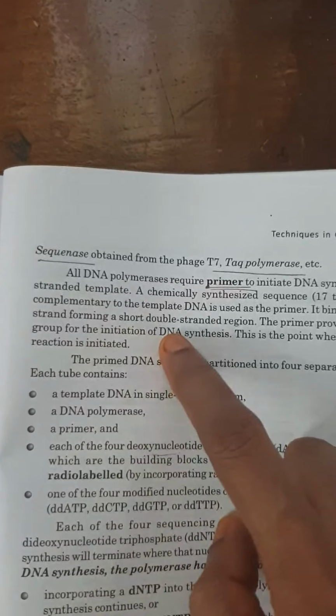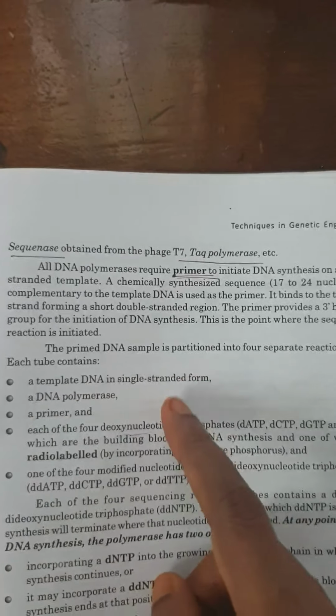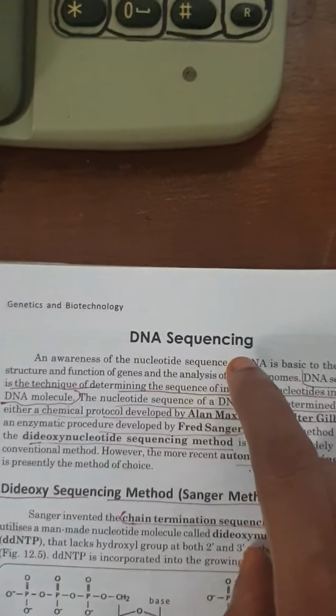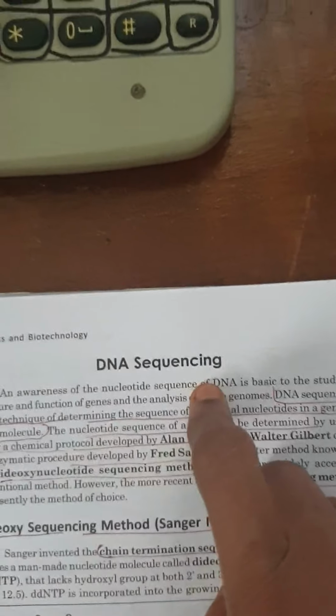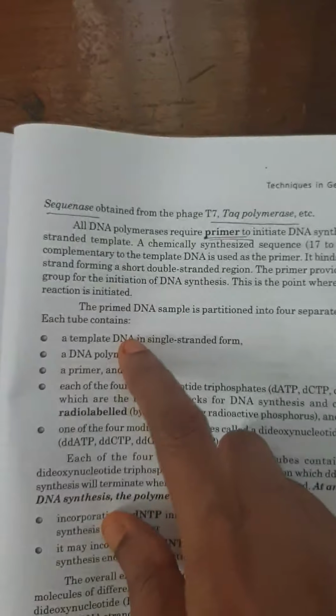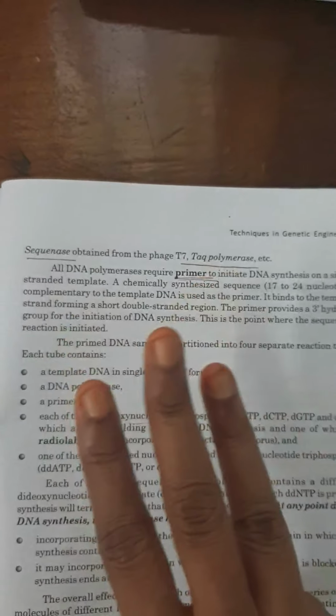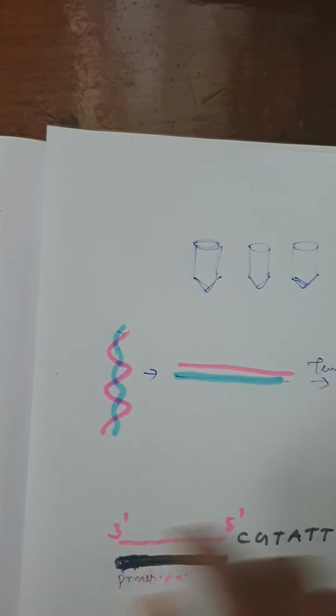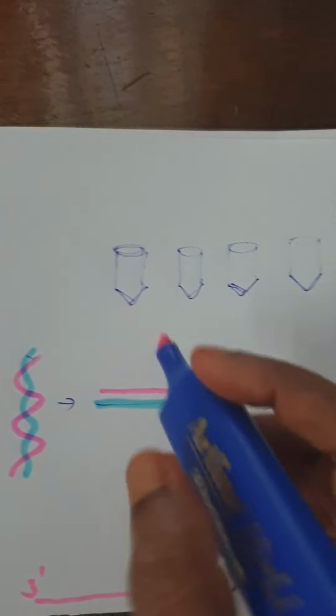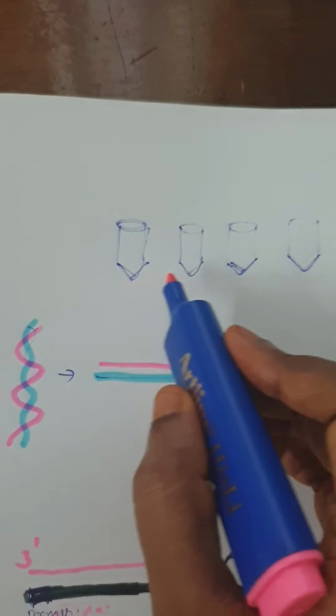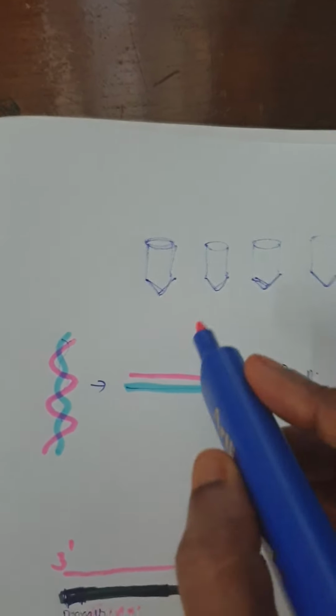In conventional DNA sequencing, that is the Sanger method, we need four separate reaction tubes. The reaction tubes will be like this. We need four different reaction tubes.